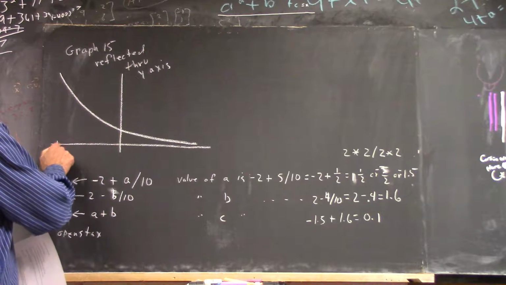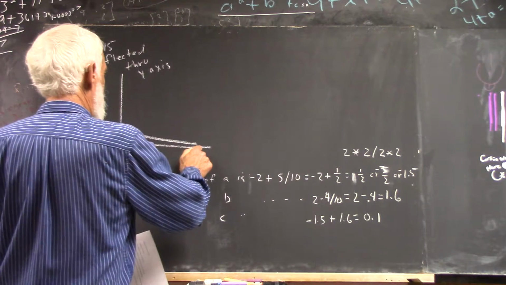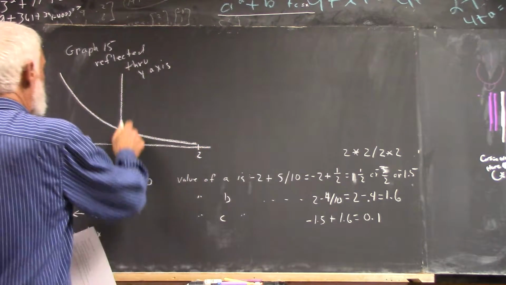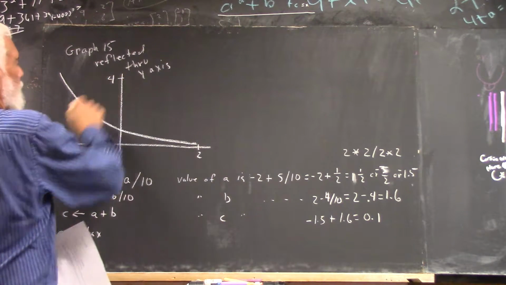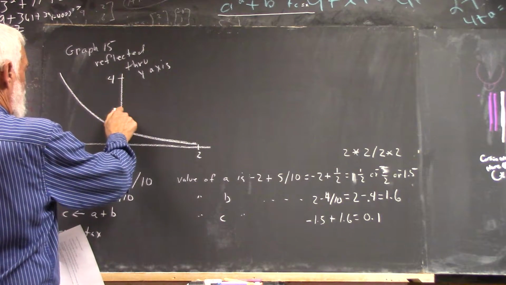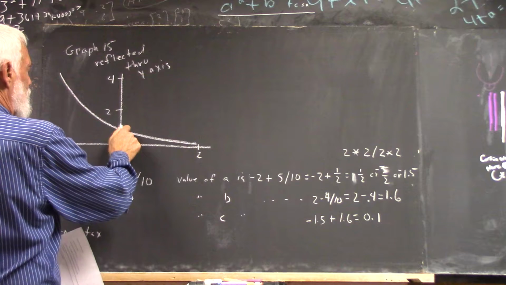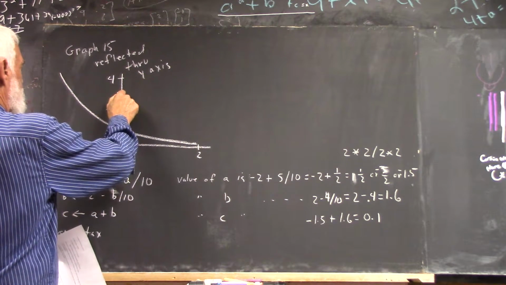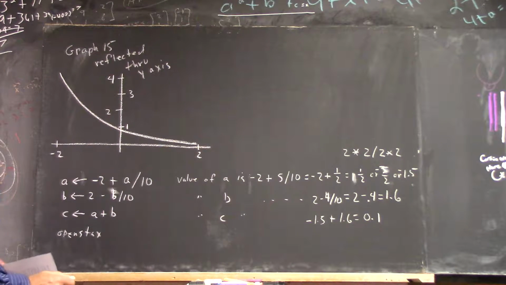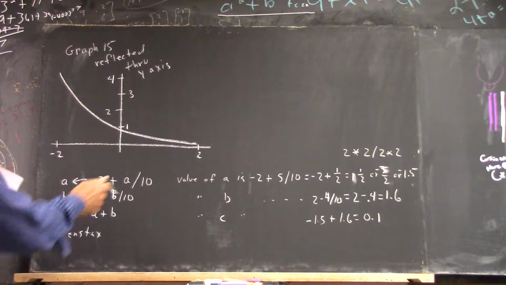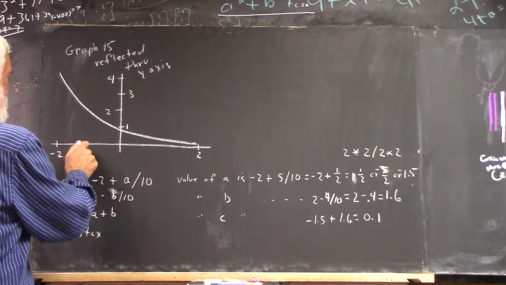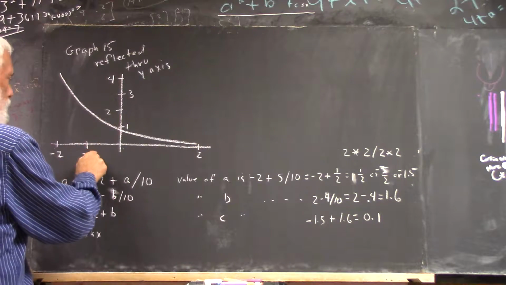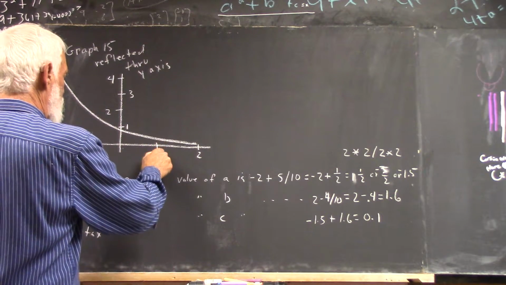So that means we're going to have -2 here, then we're going to have 2 here, then we're going to have 4 here, and then I can easily cut that in half to figure out where 2 is, cut that in half to get the value 1, and put 3 halfway between 2 and 4. And then I can take this interval and cut it in half to find out where -1 is and 1 here.